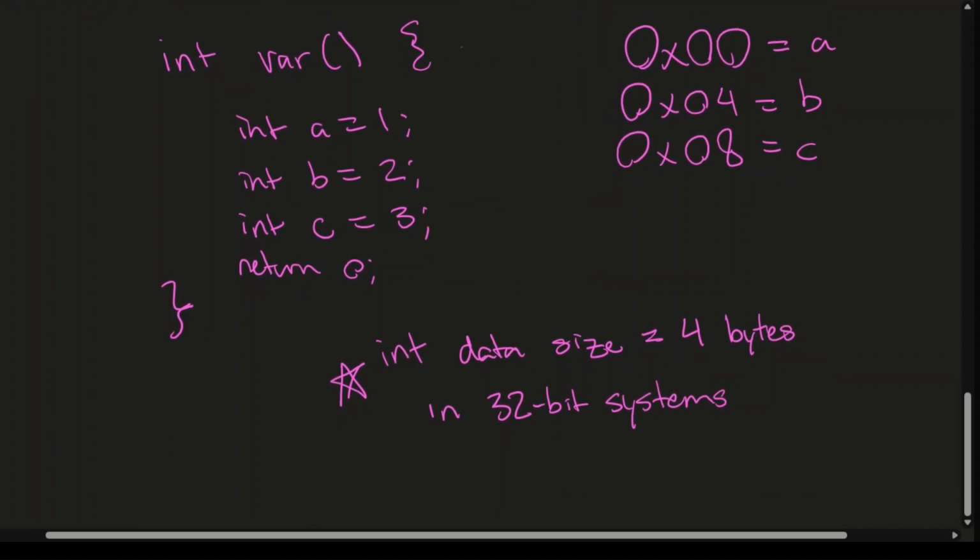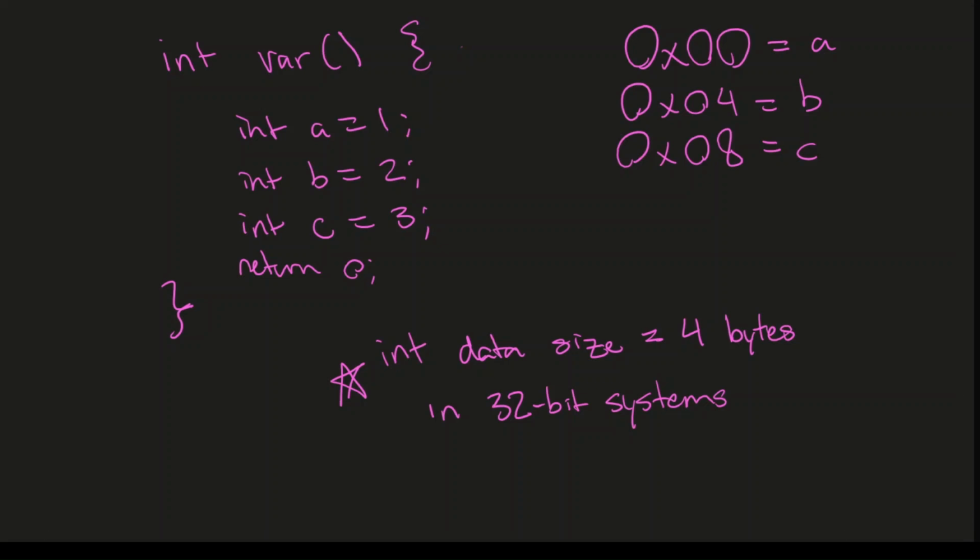And so first we're going to look at a function. In this C function, I will be using C for most of these examples, we have something called local variables. Local variables happen in many different functions for just various uses. Maybe it's setting numbers equal to each other, booleans, all sorts of things. But we're going to assume we are in a 32-bit system in which an integer has a data size in memory of 4 bytes.